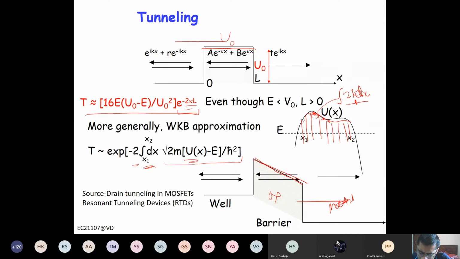Not true. This is not for metal, because in metal we don't expect current, right? So this can be for resonant tunneling diode devices, right? So there's a well here, right? And on this other side it has to go, right? So for certain resonant frequencies there will be some transmission, right? And that transmission will depend on the potential profile as well as the thickness of the barrier.